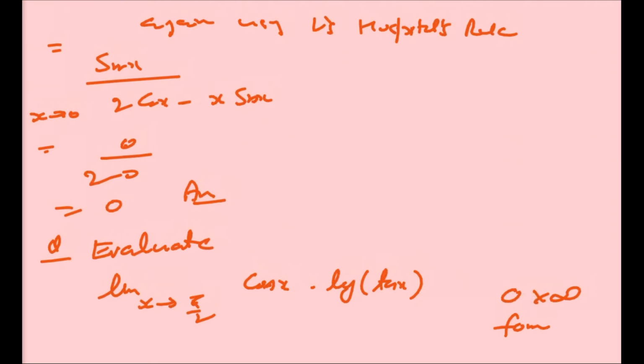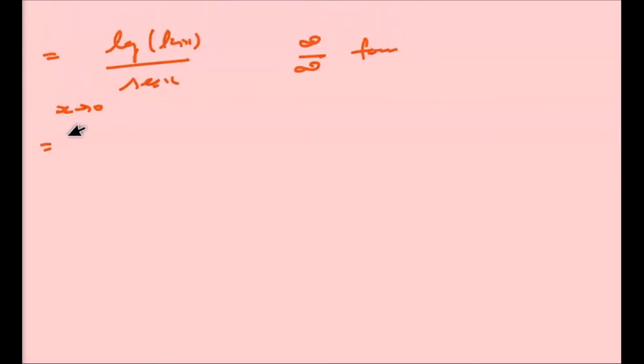Okay, so we can write this question as log tan x upon sec x, x tends towards pi by 2. Now it is infinite upon infinite form. You should try to keep log on top always.